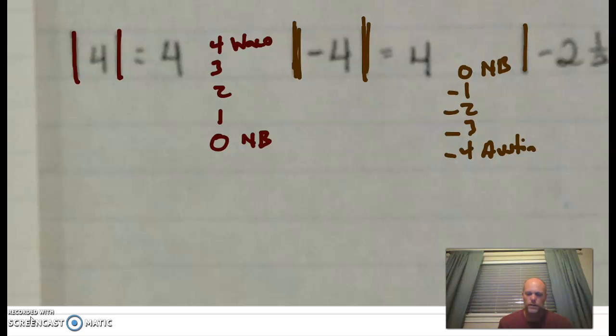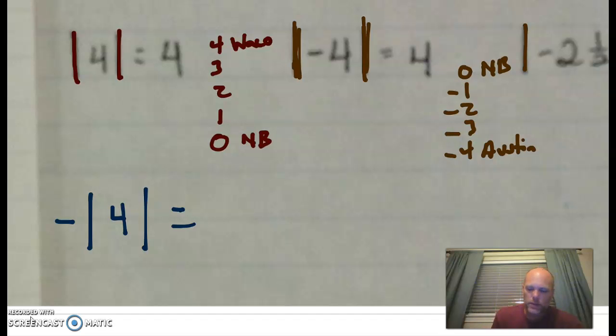Go ahead and write this example. Negative absolute value of 4. The negative absolute value of 4, not the absolute value of -4, because the negative is not inside of the sign. It only matters what's inside.